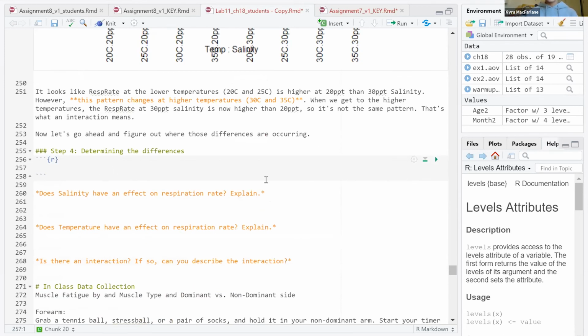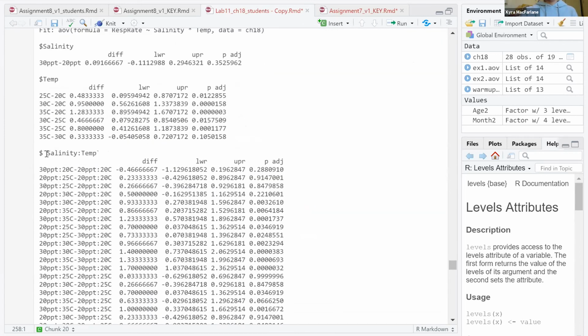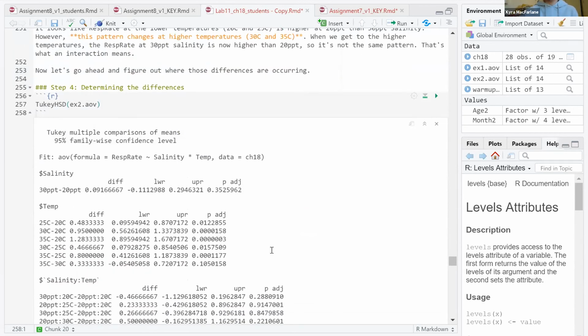So the last thing we want to do is do the Tukey test. So let's see, example 2 AOV. And remember, we're going to ignore this interaction because it's just really overwhelming, and it's often very complicated to pick out the important parts.